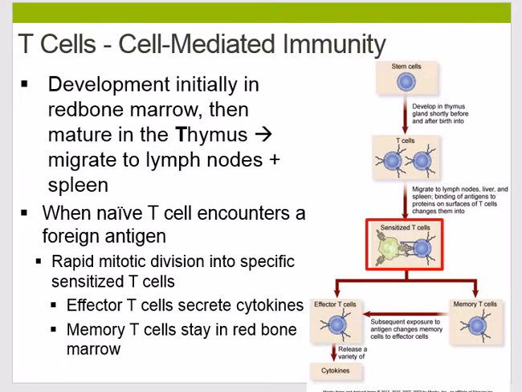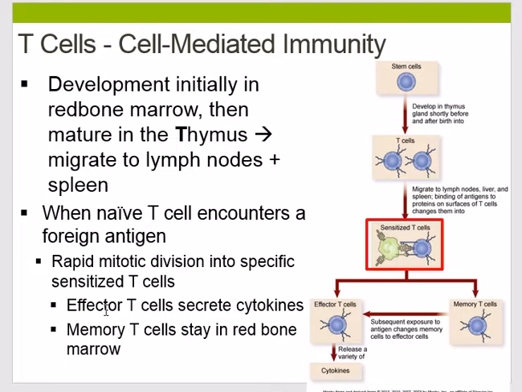And this leads to very rapid mitotic divisions, just like we spoke about with B cells, which divides it into different T cells that are now specific sensitized T cells. The types are effector T cells and memory T cells.